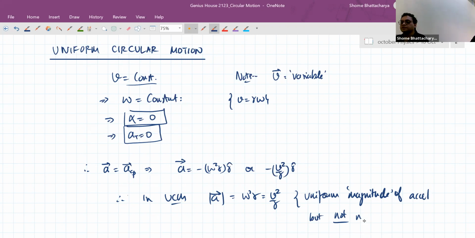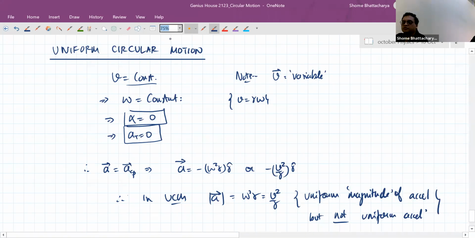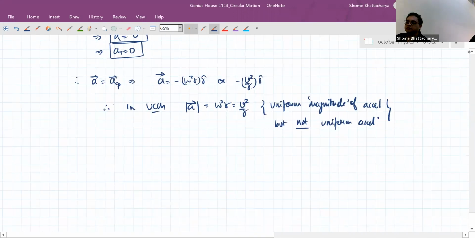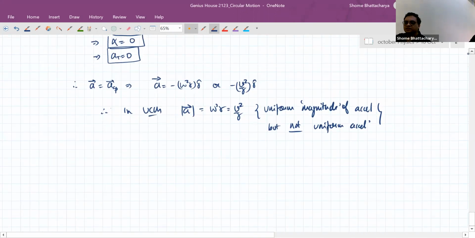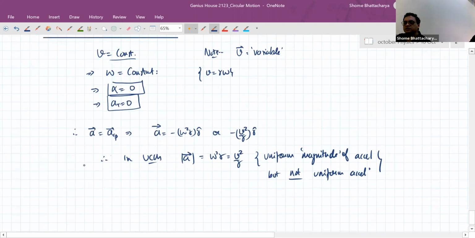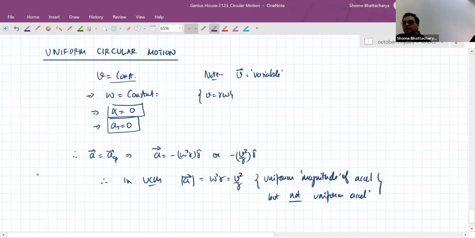It's not uniformly accelerated. Acceleration itself is not uniform. And one more thing: the net acceleration is the centripetal acceleration. That acceleration is purely centripetal.